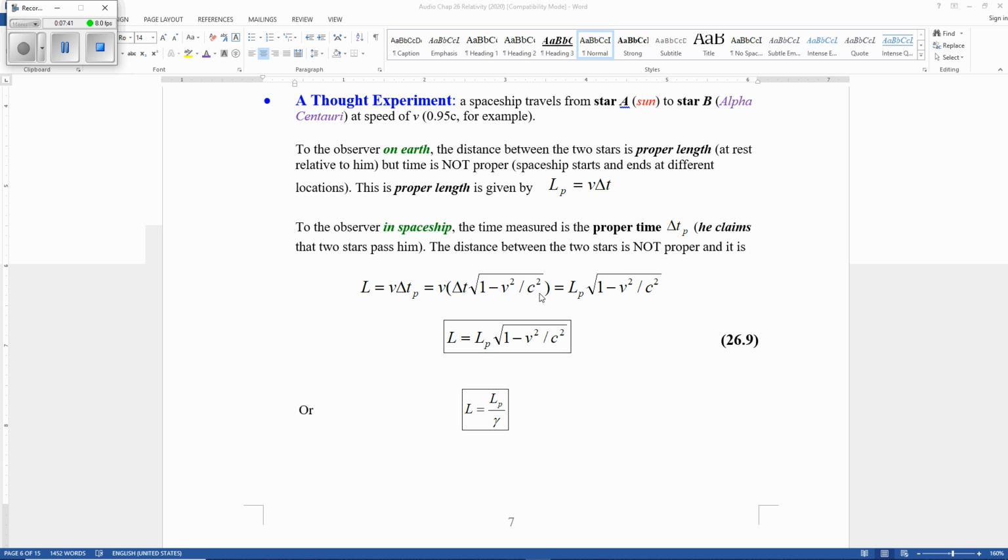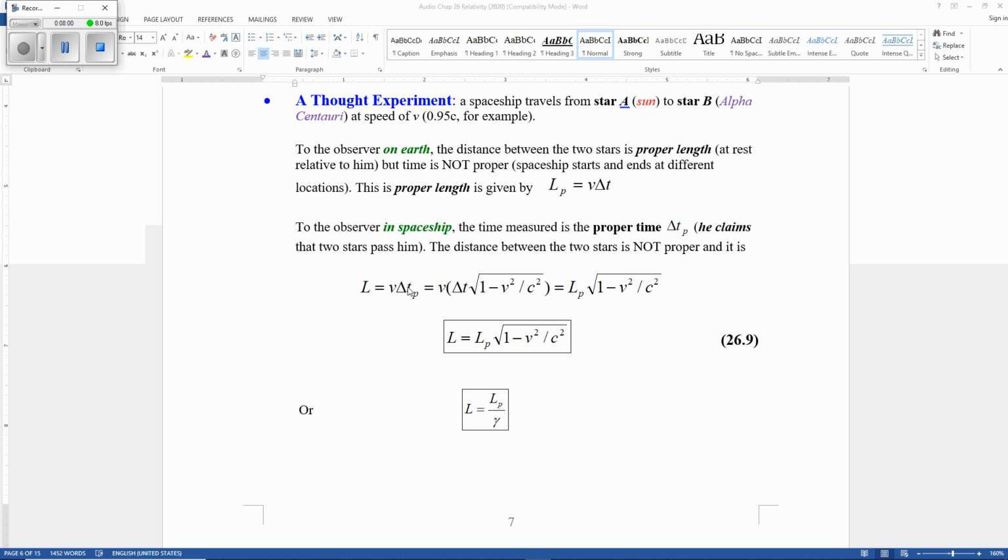Okay, so now v times delta t gives you the proper length. So then we have this equals the proper length times the square root.